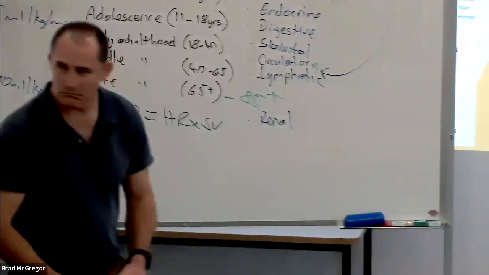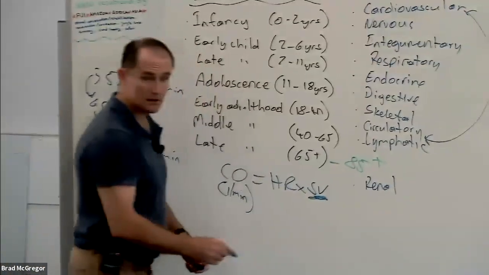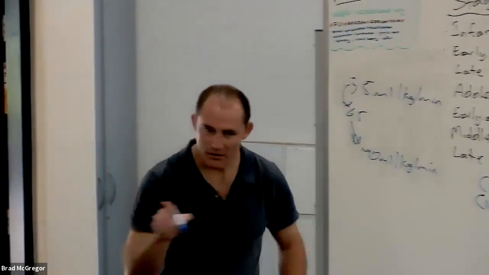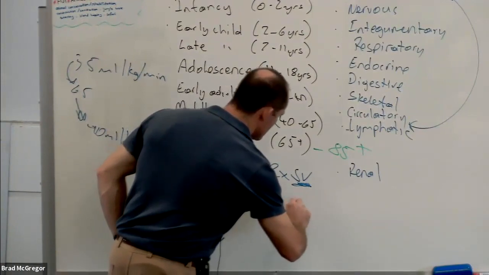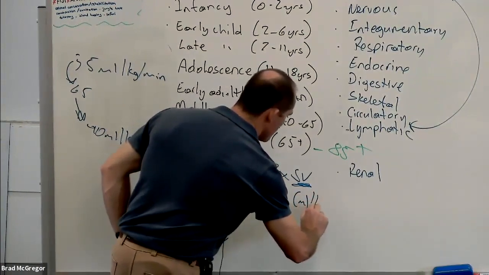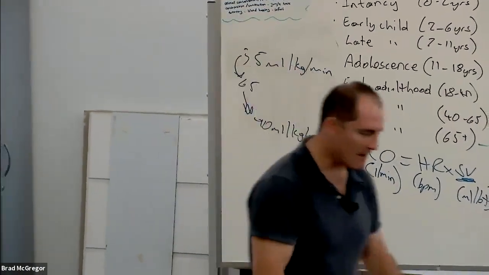Heart rate is obvious, you will understand that. What is stroke volume? Heart rate is beats per minute. Stroke volume is mils per beat. Now imagine this.